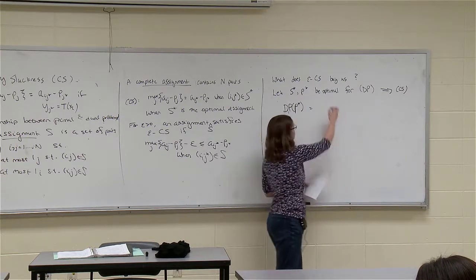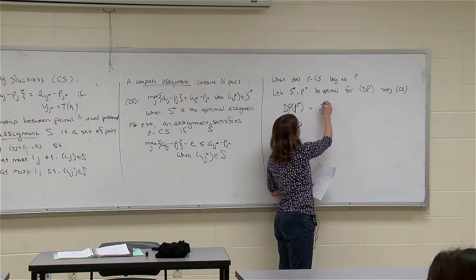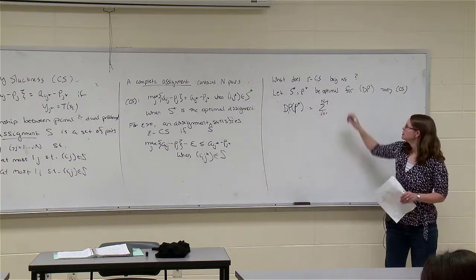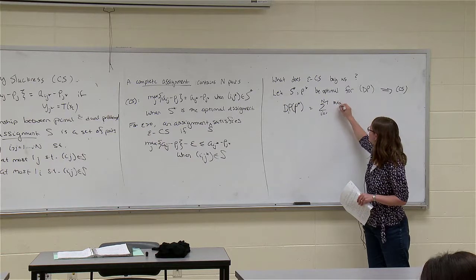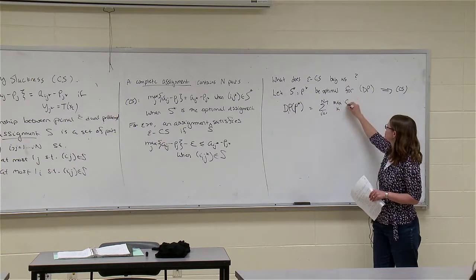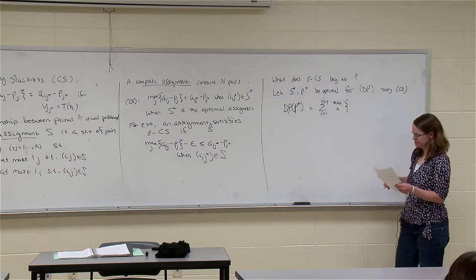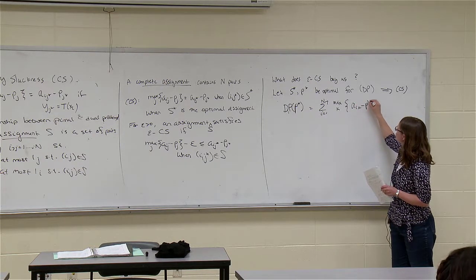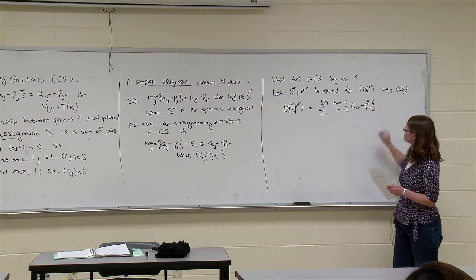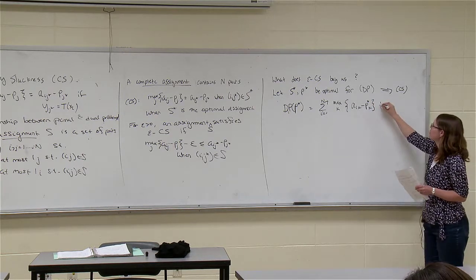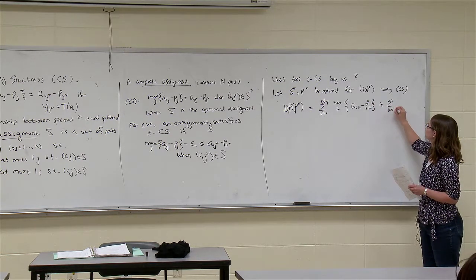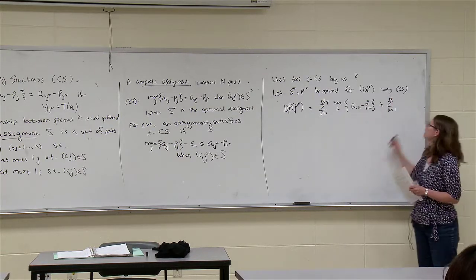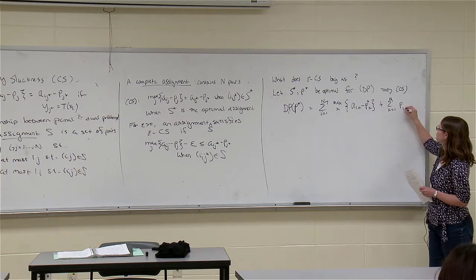Let me write it this way: this is the objective function with the optimal p*. This was our duality relationship. And then we had to add up all the p's. So these are adding up all the m's, and these are going to add up all the p's.